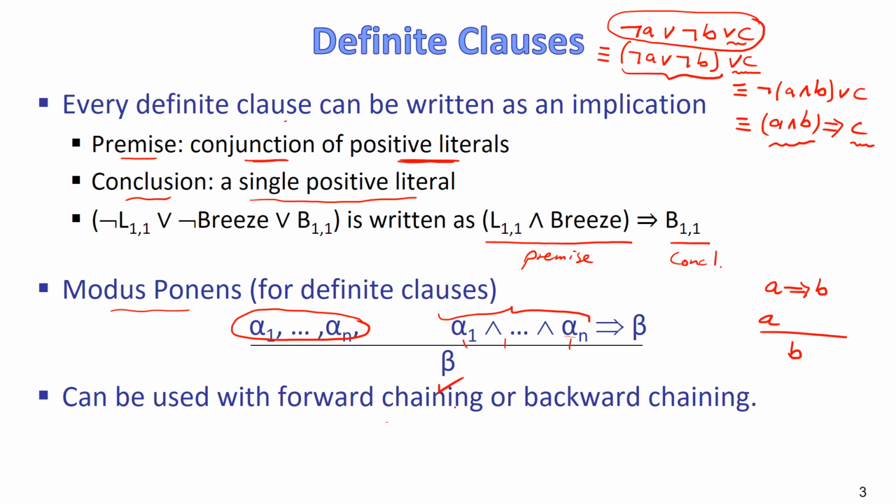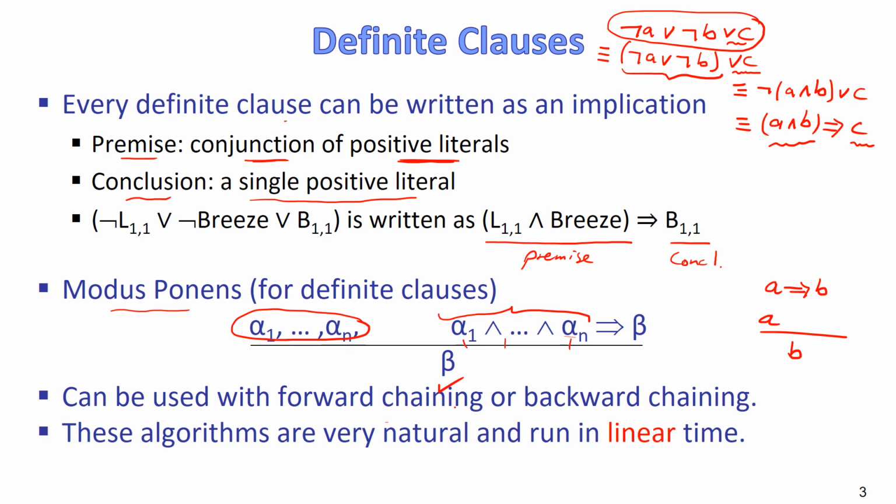Why is that also important? Because if we have a knowledge base that has definite clauses, which, as we saw in this slide, can be written as implications or rules, then we can apply forward chaining or backward chaining on these rules, and that will run in linear time.